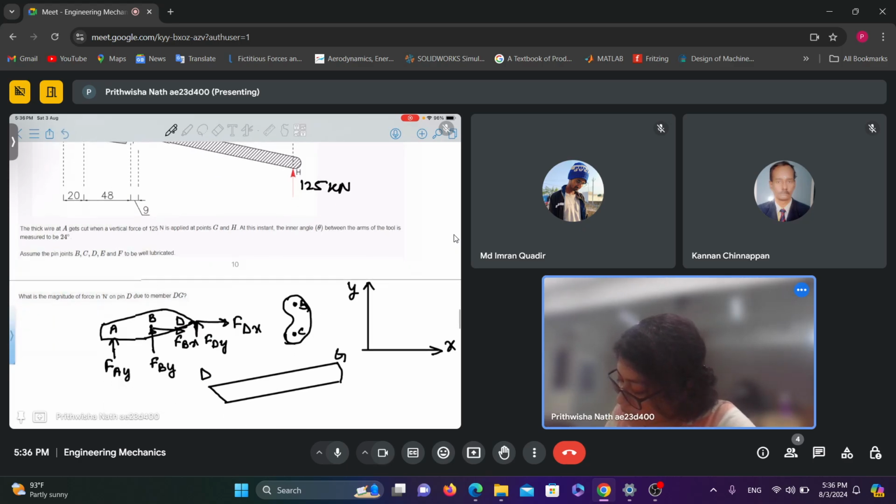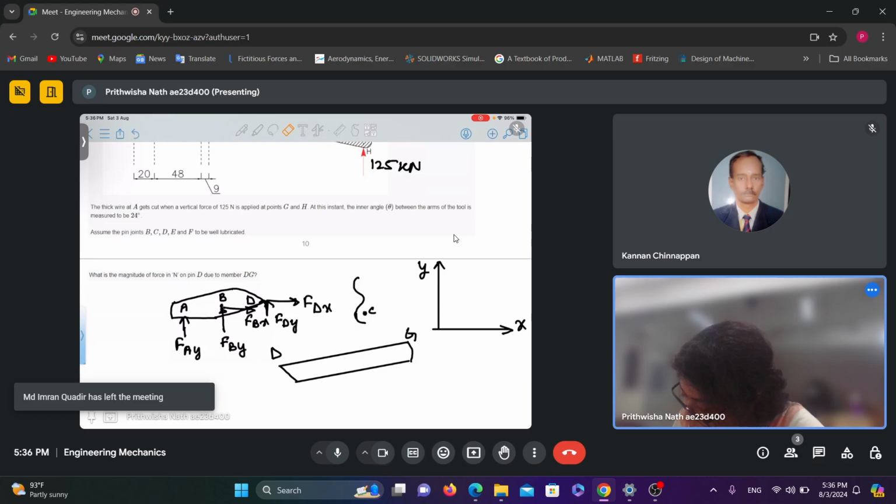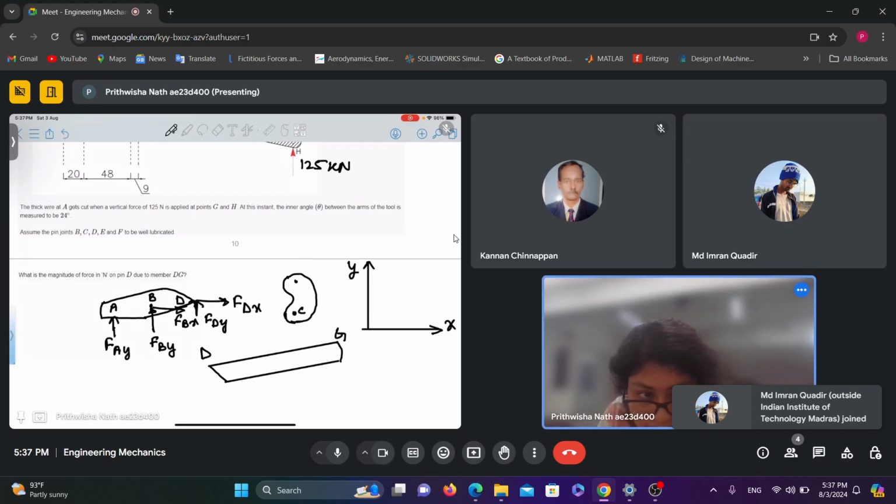Now, since for the member ABD I have assumed forces at B to be in the positive direction of the coordinate axis, for this link BC I have to consider it just in the opposite direction, because it is a reaction force. It is acting in the opposite direction.